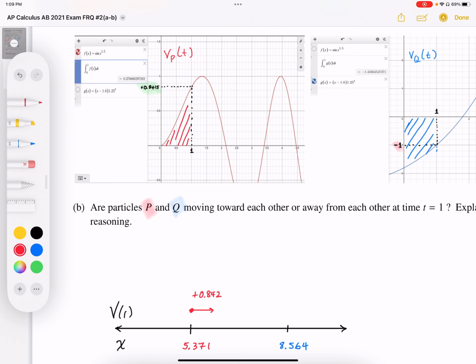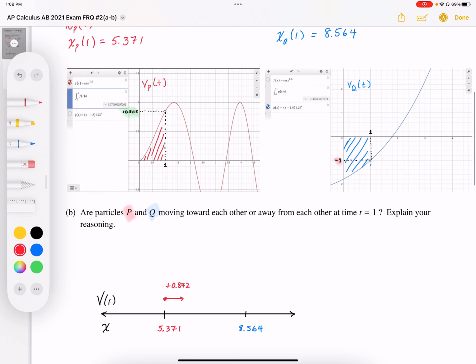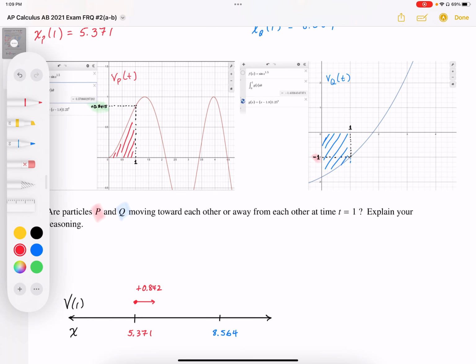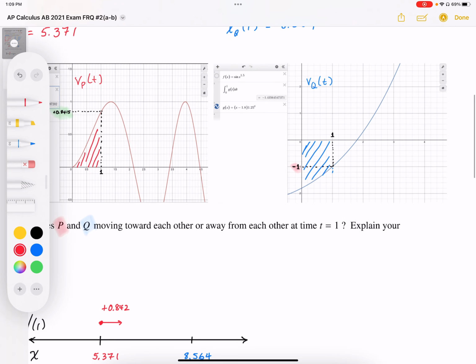And then we take a look at particle Q, and we look at the velocity. We want to see which direction the velocity is, so we can compare the directions and see if the particles are moving either towards each other or away from each other. So we're going to look at the velocity function and calculate the velocity when t equals 1.